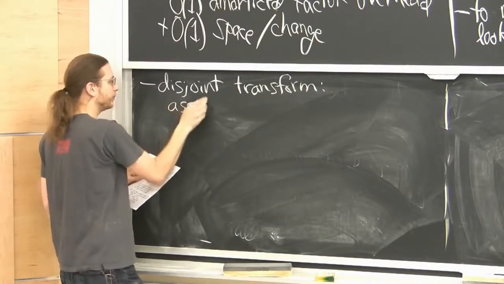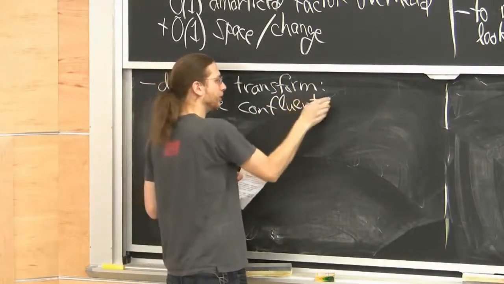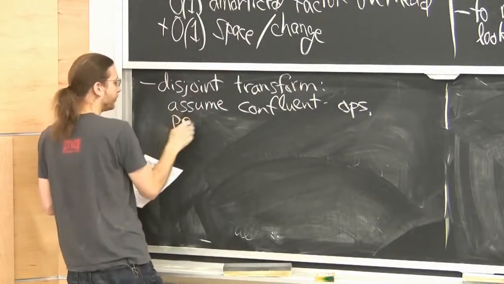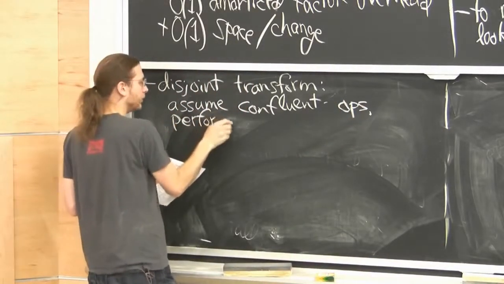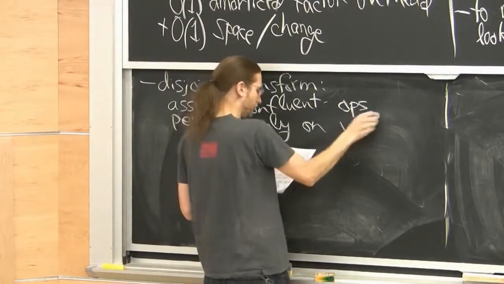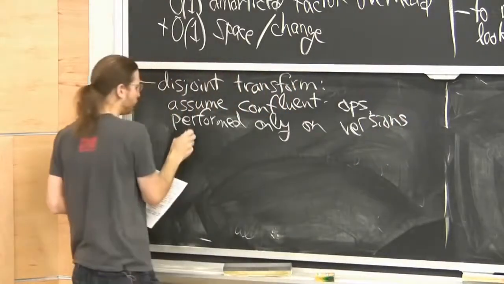Okay, if you assume that confluent operations are performed only on two versions with no shared nodes.